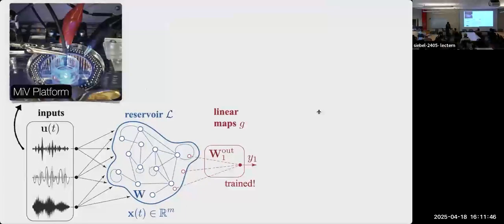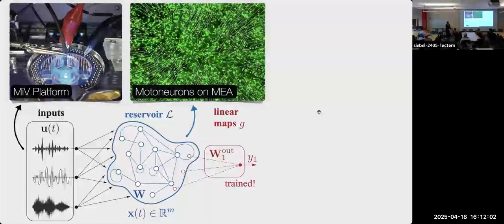So in our lab, we have this MIV platform, thanks to Xiaotian, who originally led this project, where we set up our neural cultures and can read the electrical signals. We typically use light as an input source. We have motor neurons on an MEA that are transfected to have optogenetic features, so that when we shine light with a specific frequency, they generate spikes.